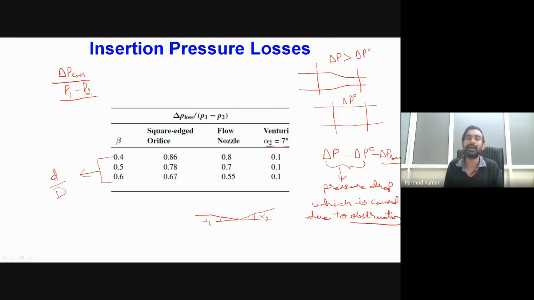If we consider the angle of divergence equal to 7 degrees, you can see that the pressure loss because of the obstruction is only 0.1 times the total pressure drop. So from here you can see that the venturi is the device which offers the smallest pressure loss because of the physical obstruction created across the flow.